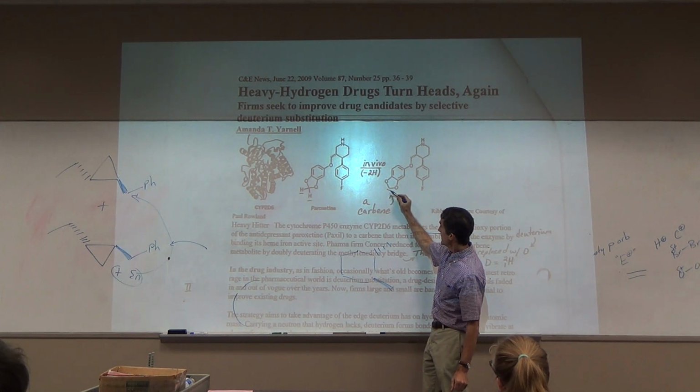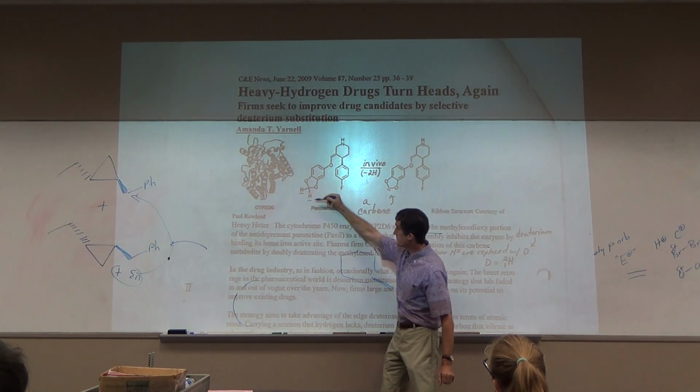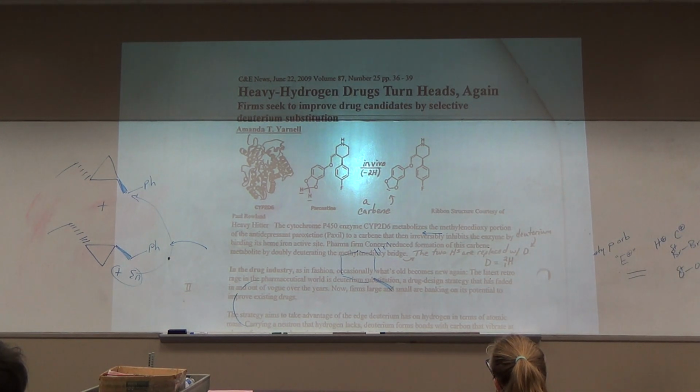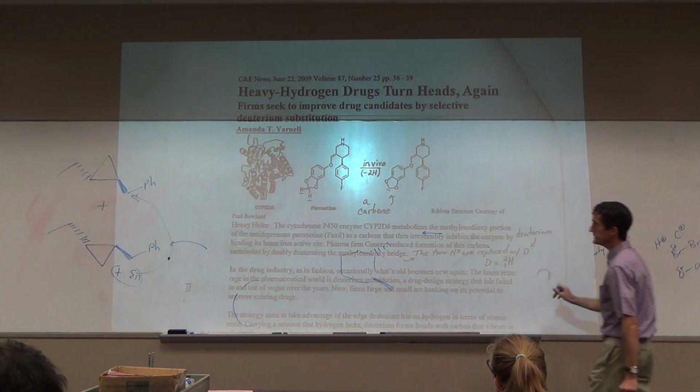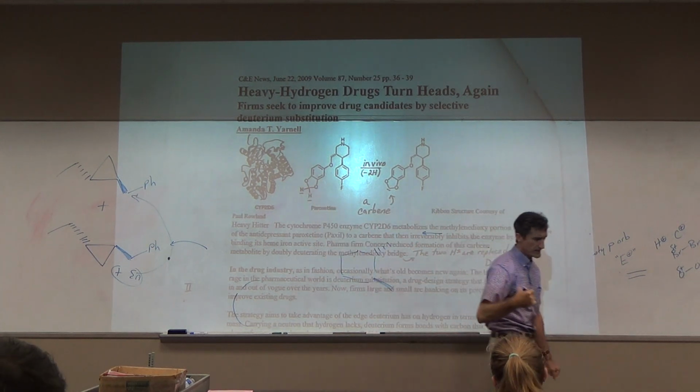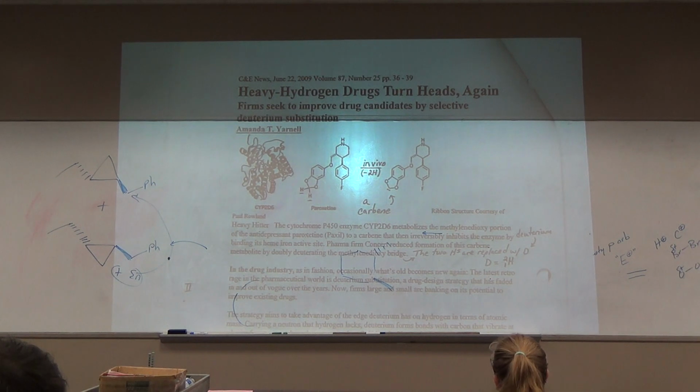And these CH bonds are broken when we make the carbene. And if those are deuterium, it's more difficult to do, and the metabolism doesn't take place as readily. You can do this as long as, if you make these deuteriums, it doesn't change the drug activity. Well, what's the difference between an H and a deuterium? Not much in terms of many things.